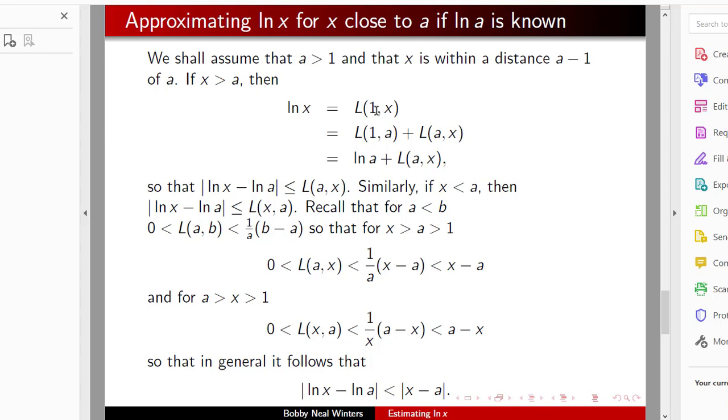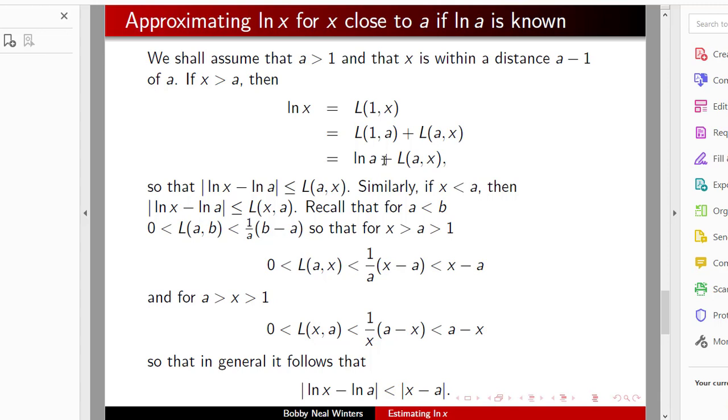If x is bigger than a, then the natural log of x is equal to L of [1,x], which, because x is bigger than a, we can break down into this sum, L of [1,a] plus L of [a,x]. Okay, and so this first one is the natural log of a. This other is just its area. I can subtract the natural log of a from both sides.